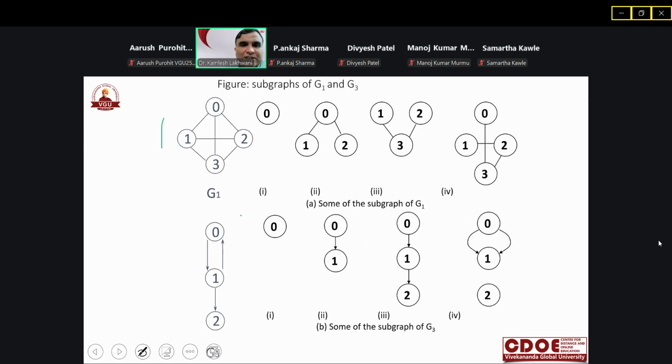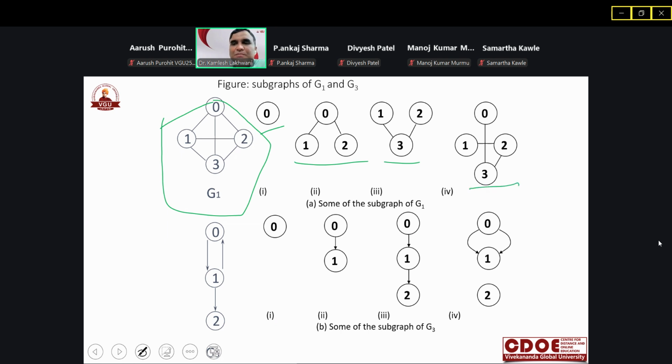This is a graph G, and a part of this graph is this 0. So this is a subgraph, 0, 1, 2. This is also a subgraph of G, 1, 2, 3. This is also a subgraph of G because it is a part. This part of the graph is available in G1.